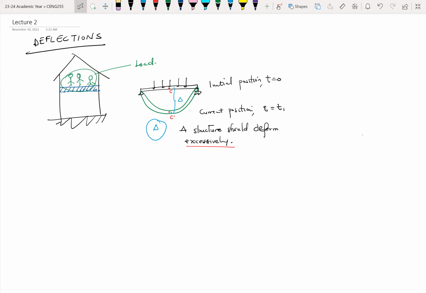Now, as to how much deformation can be allowed or how much deformation should occur before we say that the deformation is excessive, is what we engineers think about and work with.